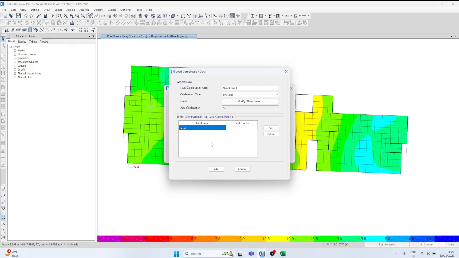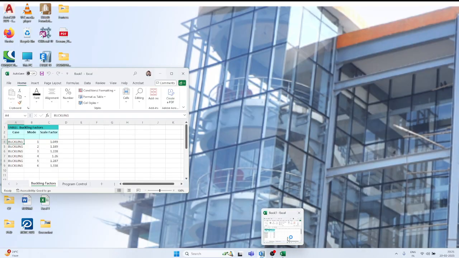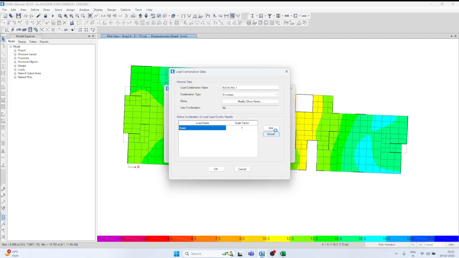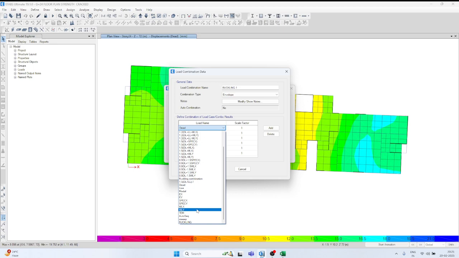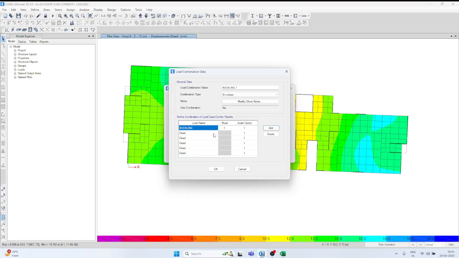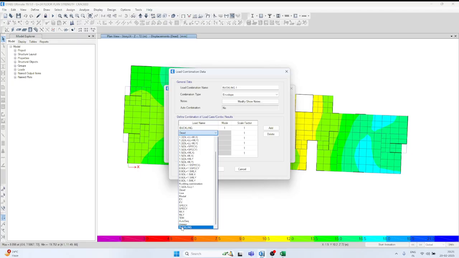Now here we have to put that value. See, this is 6 modes, so just add 2, 3, 4, 5, 6. Click here and provide buckling combination, here also buckling, like that.